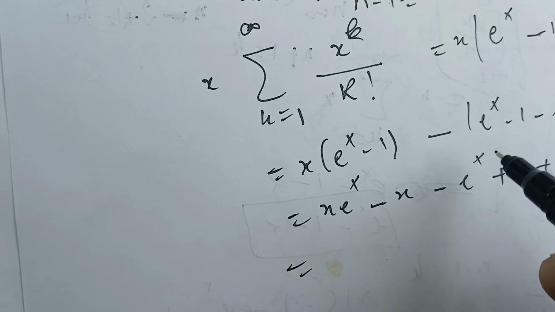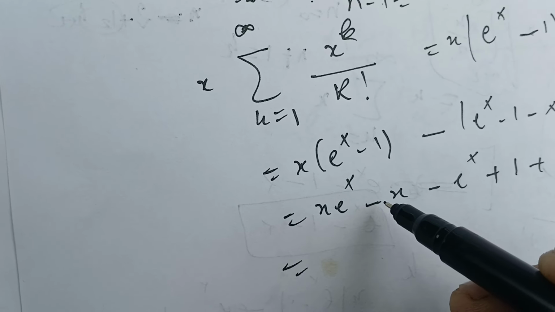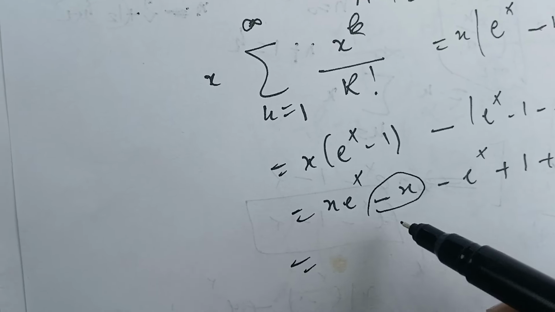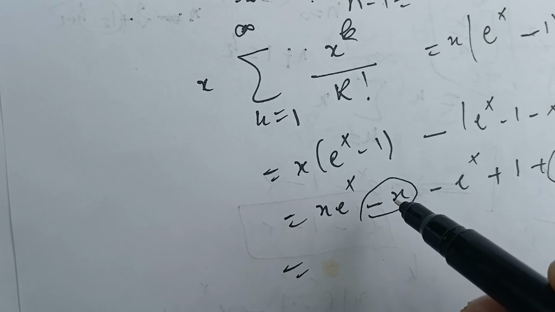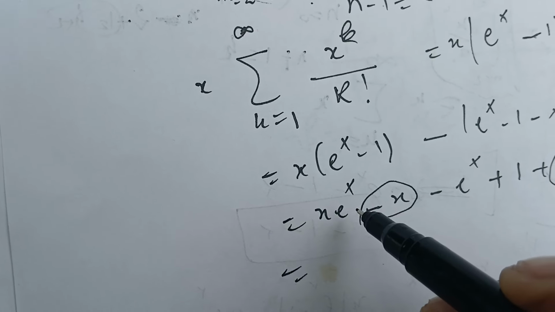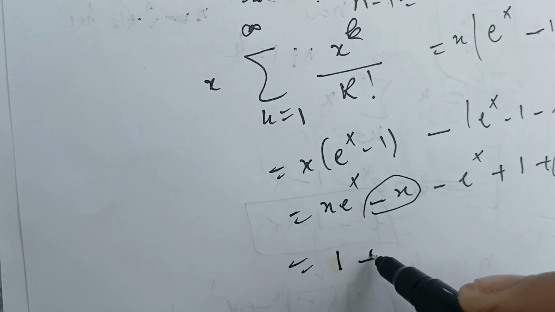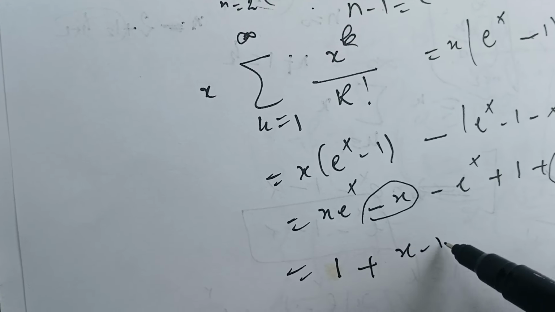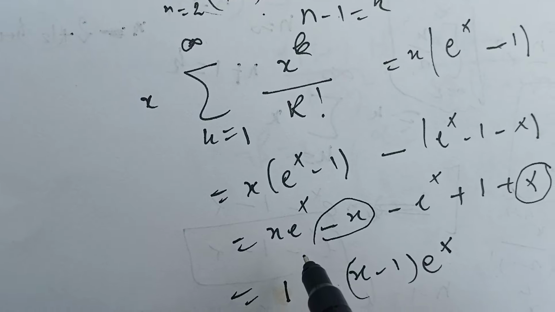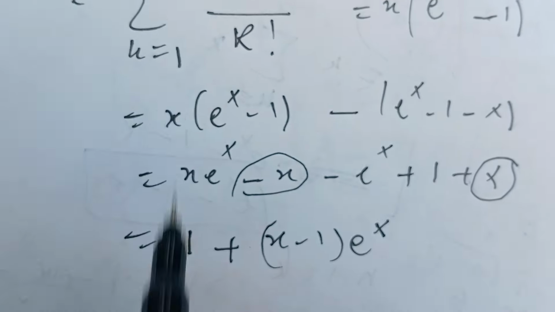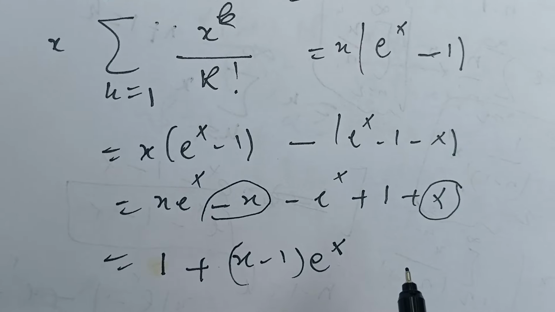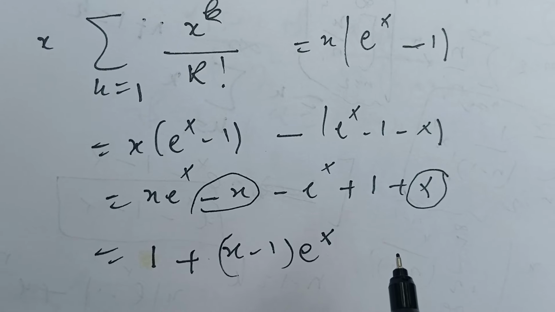I can simplify all the elements that I don't need. The x terms cancel, and I can factor out, getting x minus 1 times e to the x, plus 1. This is my sum for this series.